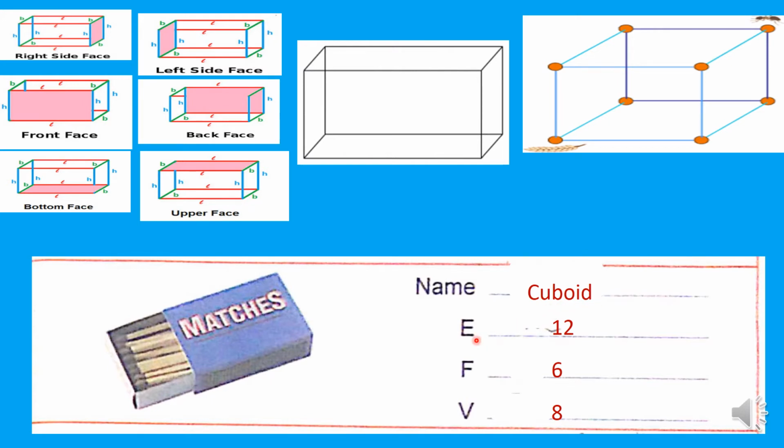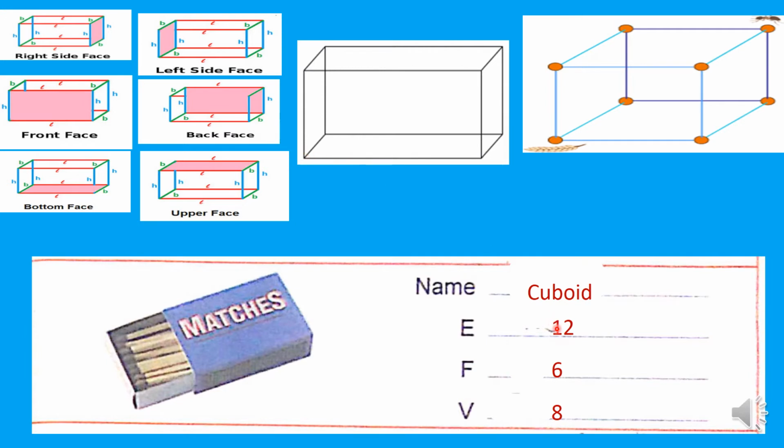Next, E for edges. How many edges does this cuboid have, children? How many edges? 1, 2, 3, 4, 5, 6, 7, 8, 9, 10, 11, 12.